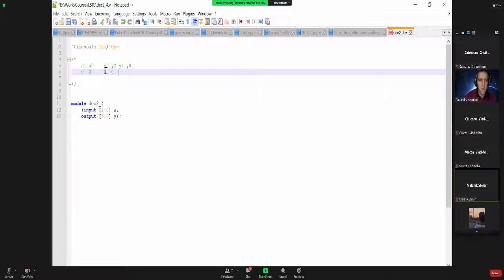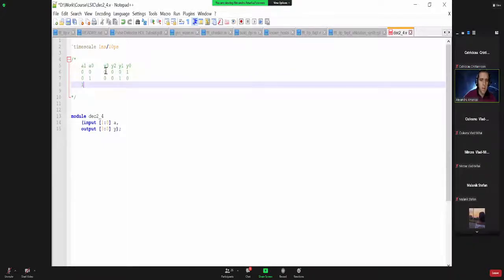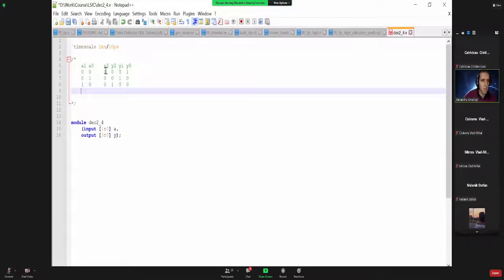For 0, 1, the outputs will be 0, 0, 1, 0. So actually the value at the input will give the active output. Okay, so this is the decoder.